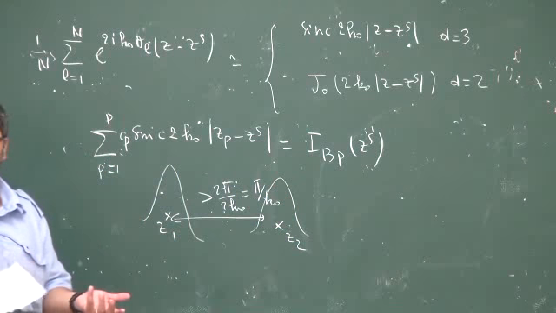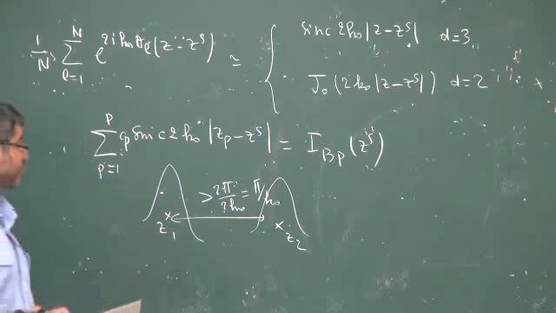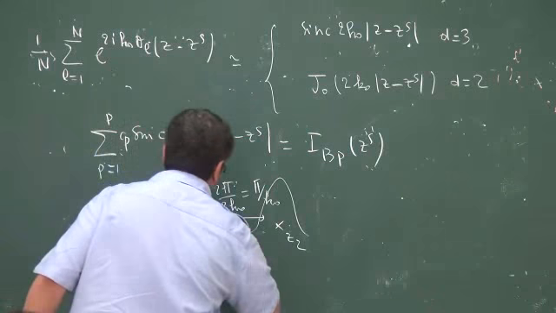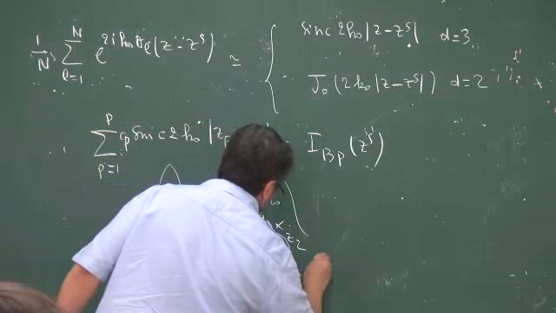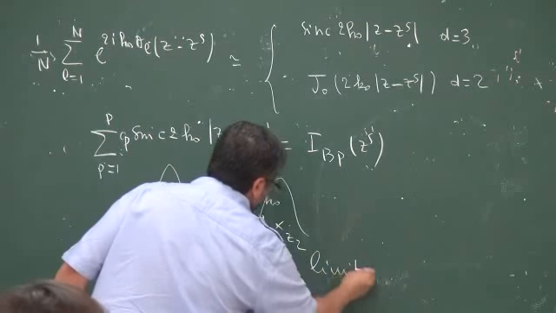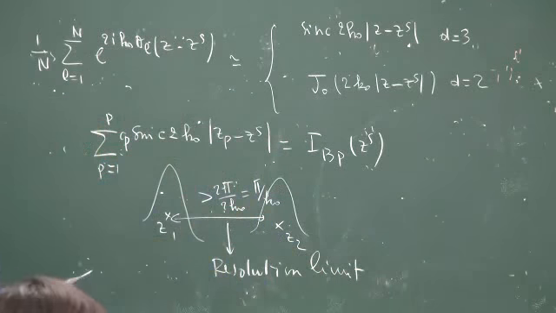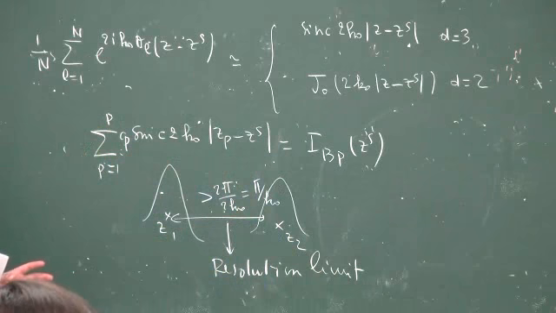If not, then you cannot distinguish. So this is the resolution limit. This minimum distance allows you to distinguish between the two peaks.